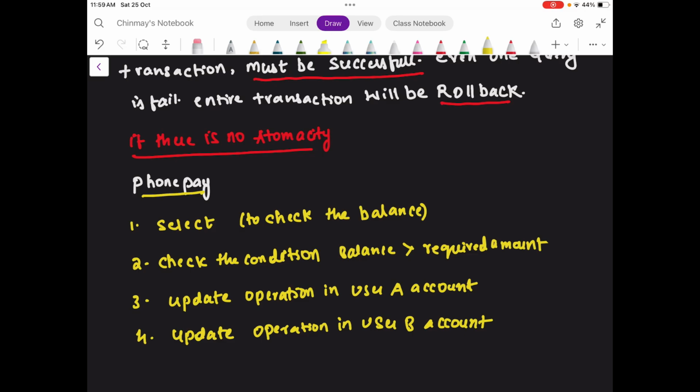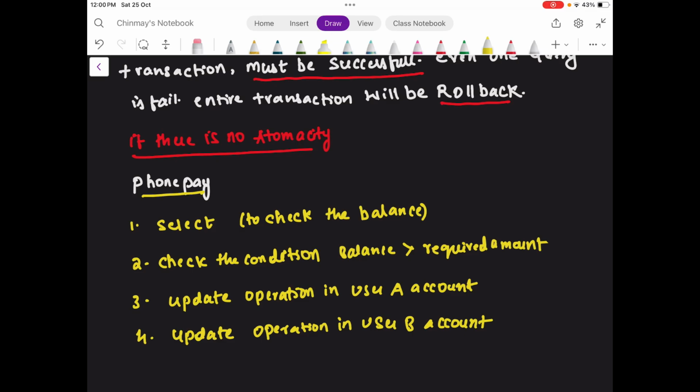Even if the amount is cut, the amount is debited from your account, but it will not transfer to the other person's account. After some time your amount will be back in your account. If there is no atomicity, your amount will not come back.